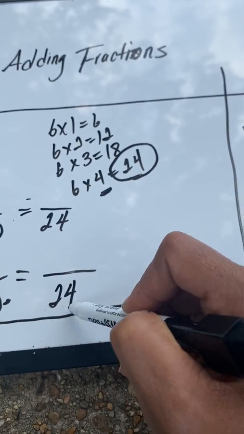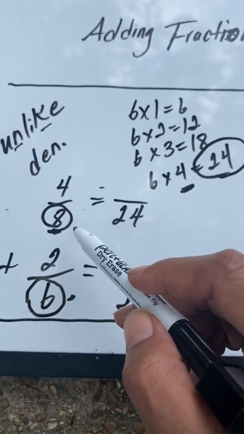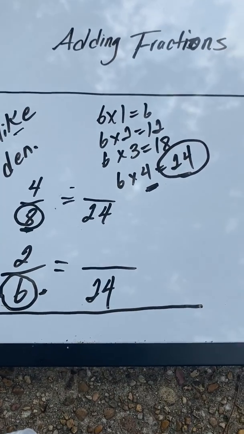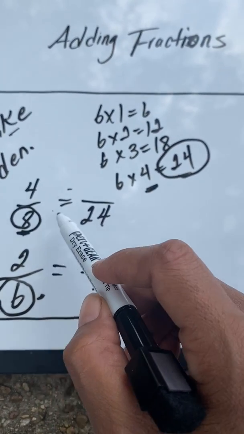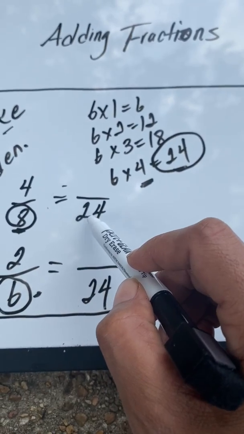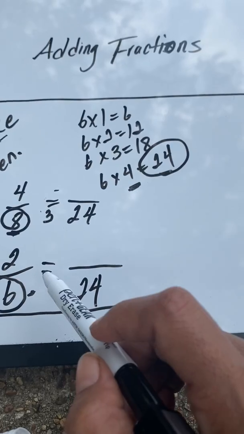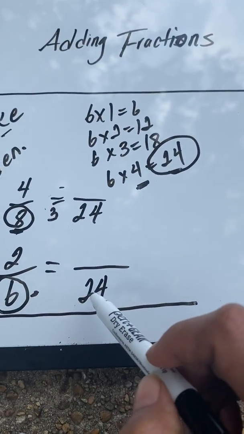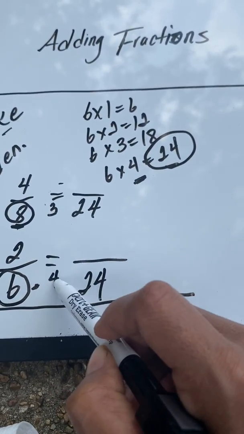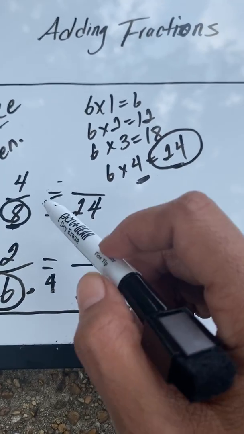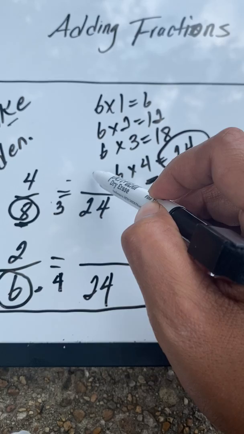I don't know where my mind is again, because 8 can go into 24, and 6 can go into 24. What do I mean by this? 8 times what gives me 24? 8 times 3. 6 times what gives me 24? 6 times 4 gives me 24. So 3 times 4 is 12.